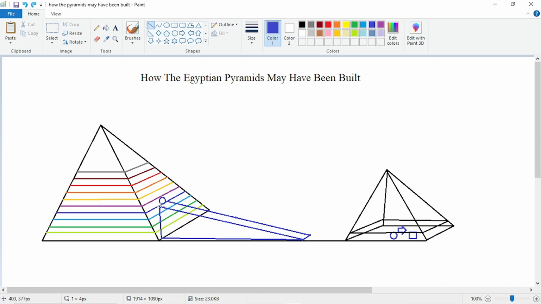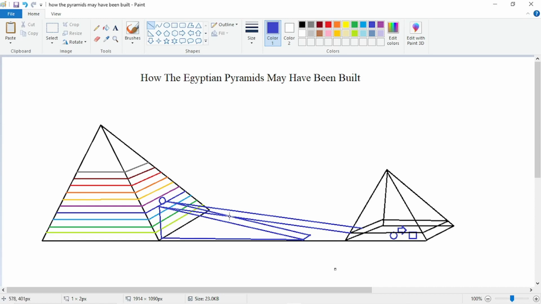Let me see, how about do it this way? Let me just draw it all the way to the edge. That might be simpler. So you draw it all the way like that, so that the stone would roll, and then basically you would fill up just this area here with more.